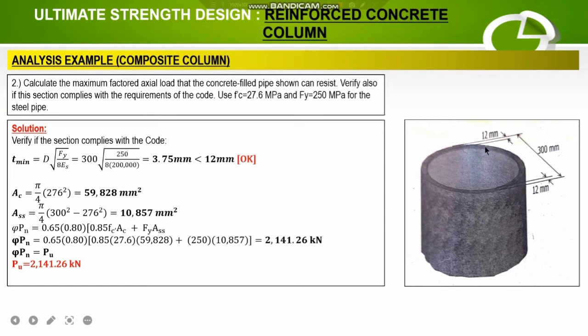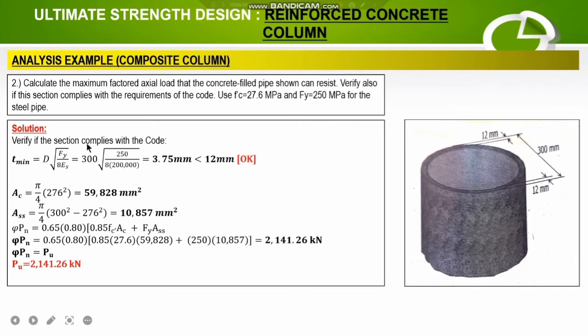So the thickness of the wall of the structural steel pipe is 12 mm, and the diameter out to out of the structural steel pipe is equal to 300 mm. In order to solve for the maximum factored axial load that a concrete filled pipe can resist, we need to solve first the minimum thickness as per code.